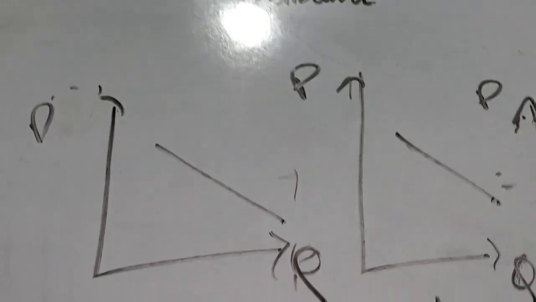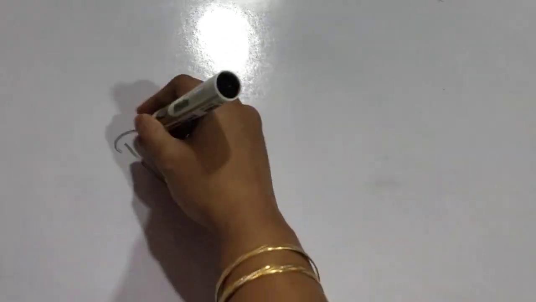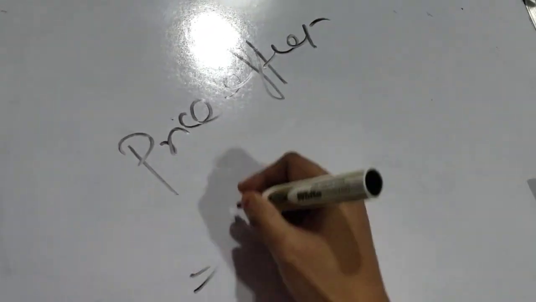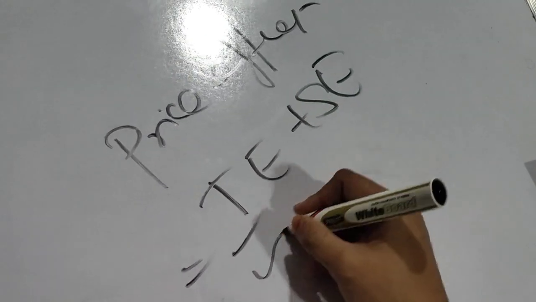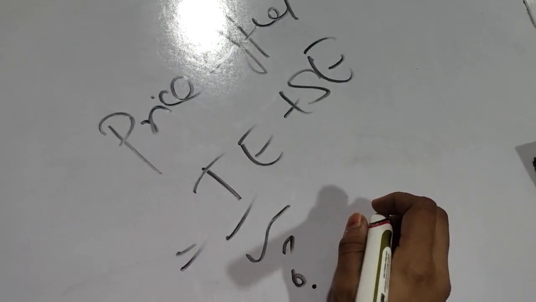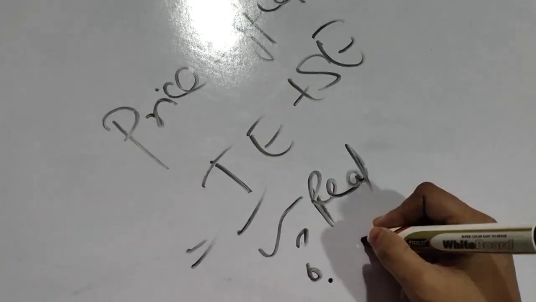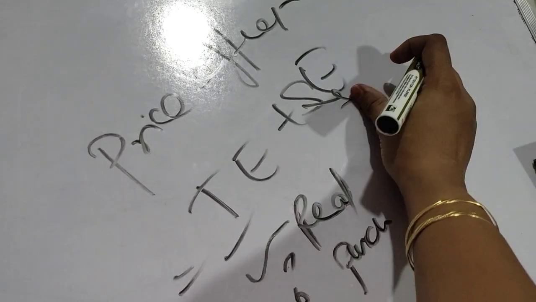Then you break the price effect into what? The total demand effect, that is the price effect, is broken into income effect plus substitution effect. What is income effect? Income effect is the effect of change in real income, that is the purchasing power, because of change in the price, and this is the effect on price for other goods.